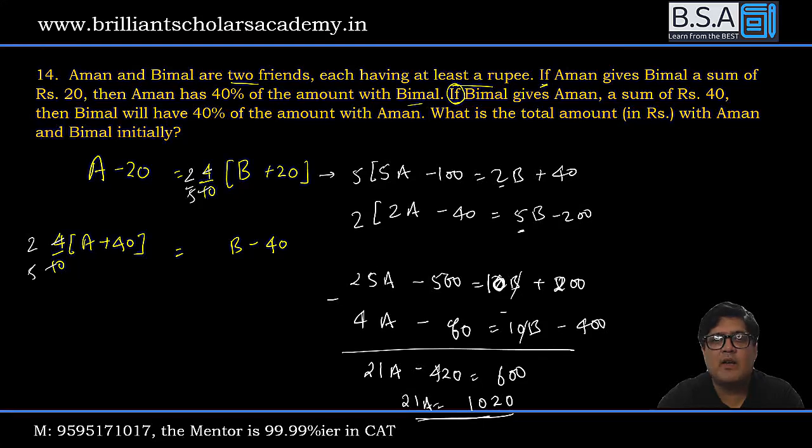I cross multiplied; I could have cancelled digits earlier, that would have been better. 25, 21, 500, 80, minus 420, 200, 400, 600. Yes, 1020. So a has a decimal value, and b will also have a decimal value. Okay, that's fine. Equations approach.